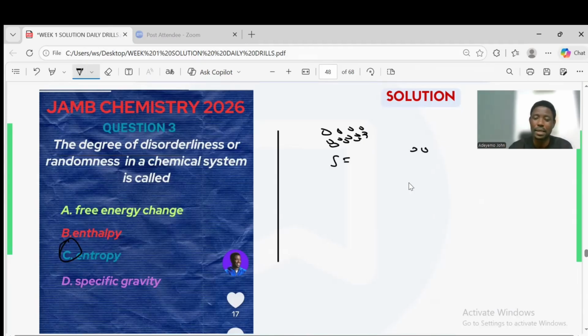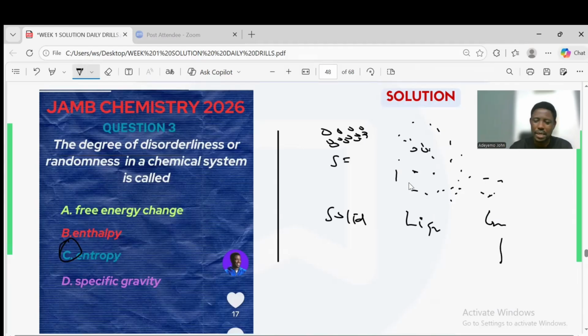Look at gases. They are so scattered. So the degree of the randomness or disorderliness is very high. So when we talk about solid, liquid, and gas, gas has the highest disordered system. So the entropy is the highest here, medium in liquid and lowest in solid. I hope that is clear.